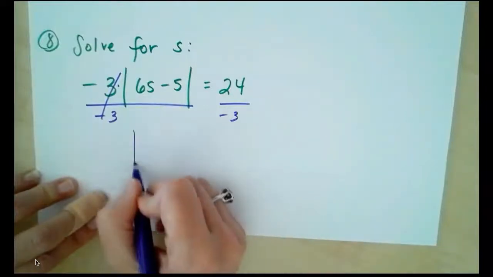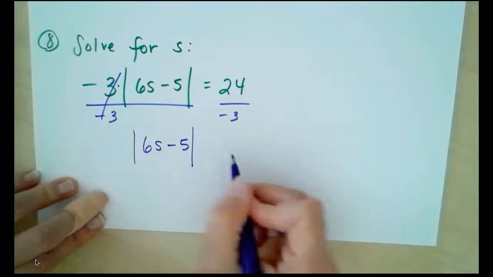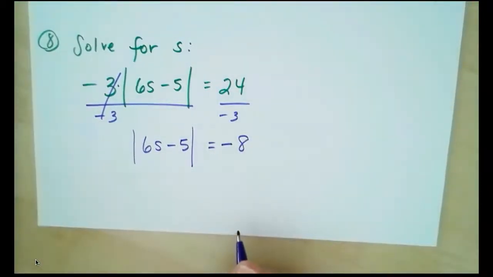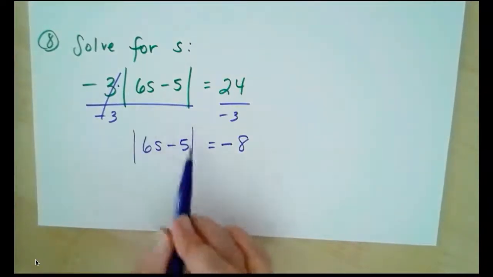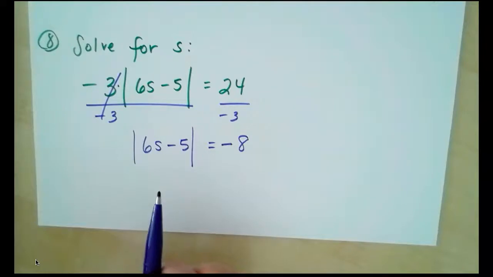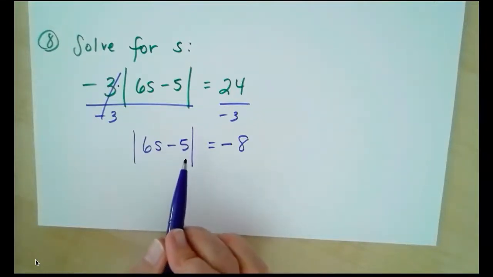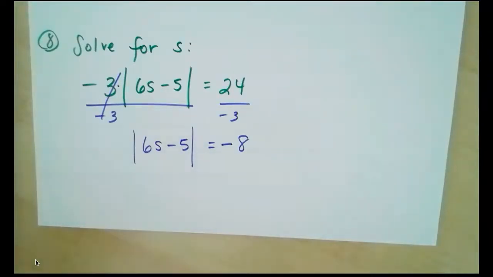They cancel. We get the absolute value of 6s minus 5 equals -8. Now consider, can I plug in any number in for s and then multiply by 6, take away 5, and then finally take the absolute value of said number?